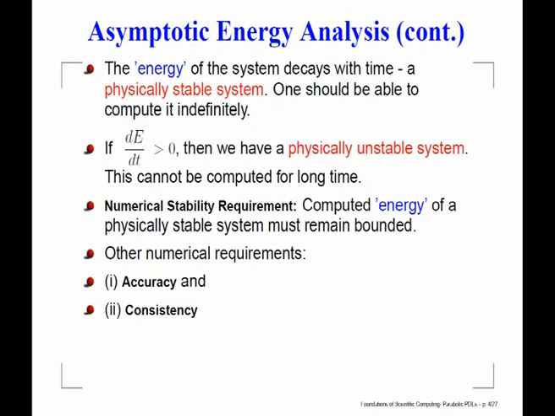So, we have come to realize that when we do not have any boundary excitation, the energy of the system decays with time. So, it is basically a physically stable system, and one should be able to compute it indefinitely. There should not be any problem unless your method is wrong. If your energy increases with time, then of course we have a physically unstable system, and you cannot compute it. You will see that other physical processes will intervene, and you will never get a situation where the solution goes unbounded, because somewhere the energy has to come.